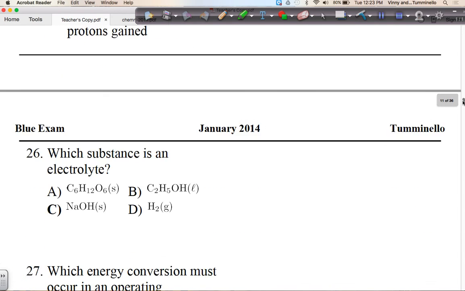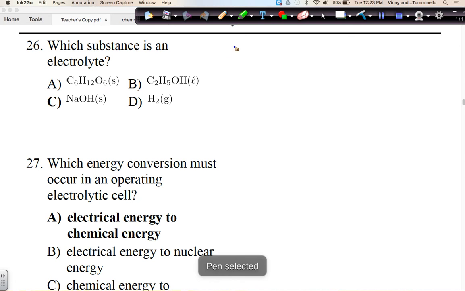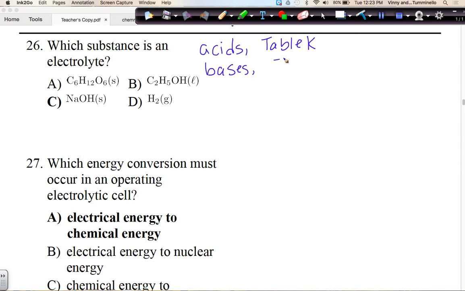For number 26, which substance is an electrolyte? Our electrolytes are acids, some examples of which can be found on table K. Bases, which examples can be found on table L. And salts, which are ionic compounds.